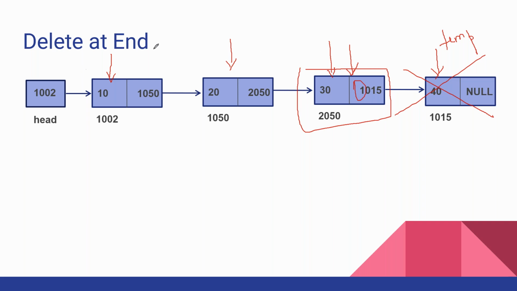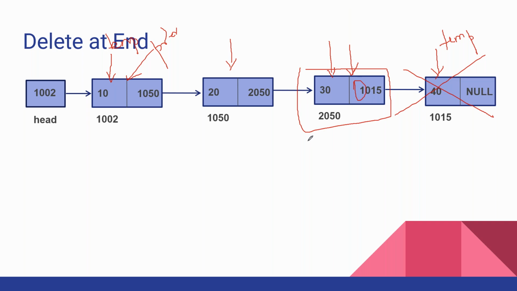So I'll need two variables: one is the temporary variable, and the other is the previous variable. The temporary variable will be checking for the null condition, and the previous variable will keep track of the previous node of temp. Only with the help of the previous node will I be able to do all my corrections here.